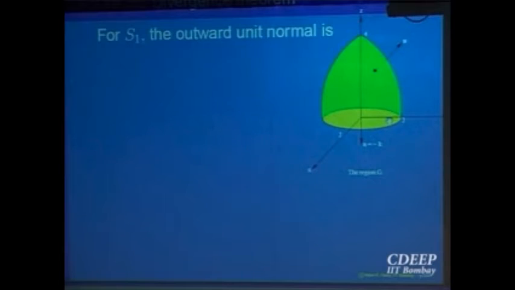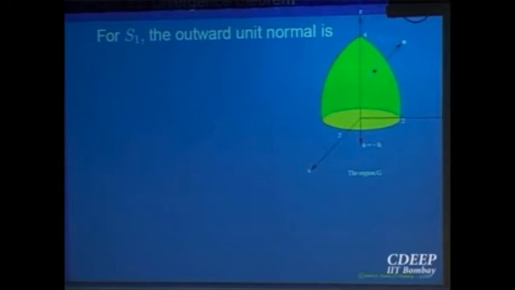To apply the divergence theorem, we have to note this surface consists of two parts. Both are orientable. On the curved part we will give the normal which is pointing outside, and on the lower part we have to give a continuous unit normal which should be pointing outside, so that will be minus k.